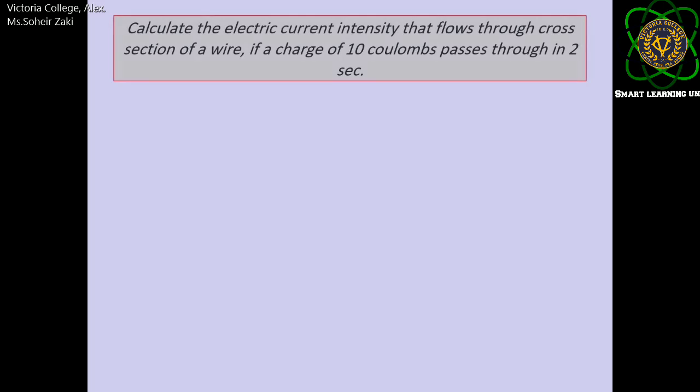Another example. Calculate the electric current intensity that flows through the cross-section of a wire if a charge of 10 coulombs passes through in 2 seconds. So we need to measure the current intensity. We have the Q, which is the charge, equals 10 coulombs, and we have also the time, which is 2 seconds.